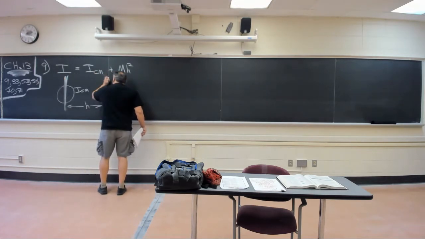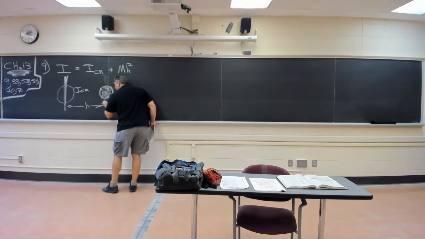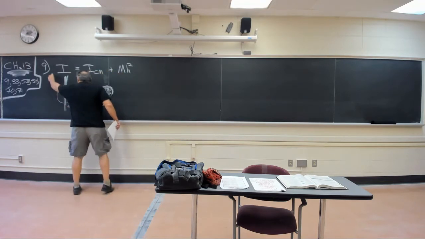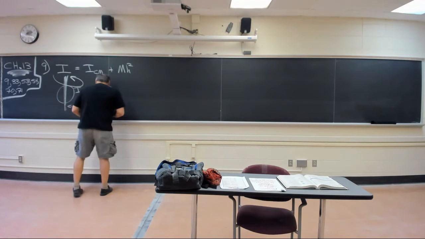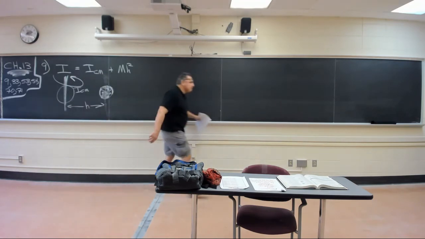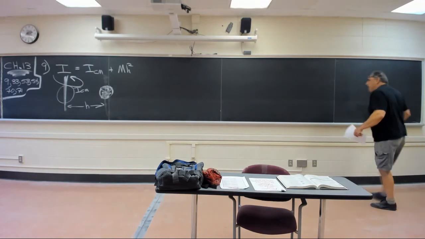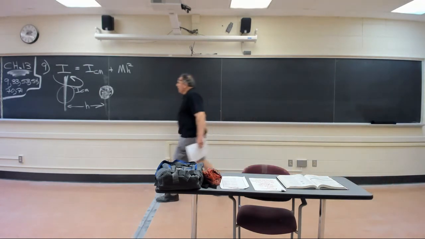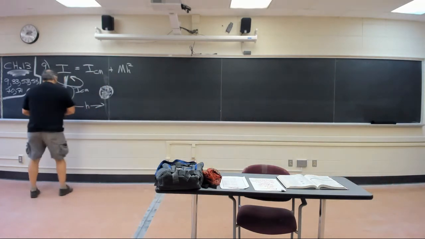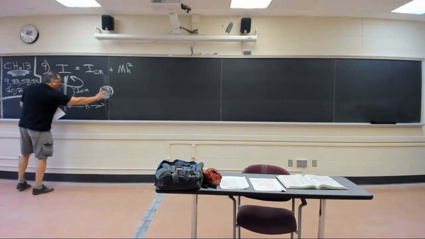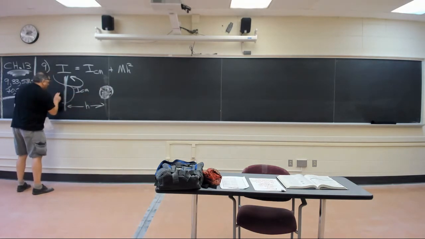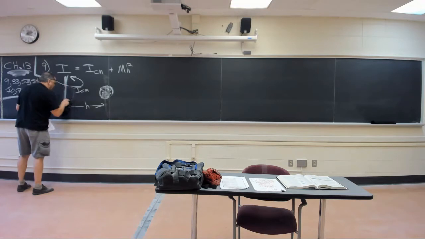So maybe to avoid any confusion, let me get rid of that. You're going to have this thing go around here. You picked it up and you put it over here, so it's no longer there, but you are going around this axis.